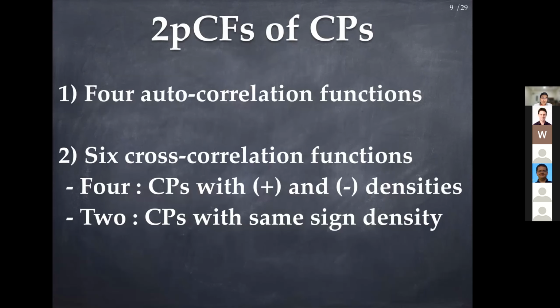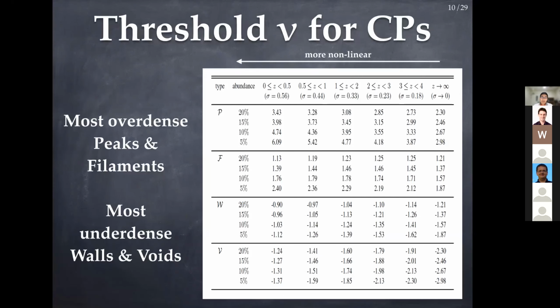And 4 of them are mixing different sign densities of critical points, and the rest of the 2 are pairing same sign densities. So I will explain in more detail in the next slide about this idea.